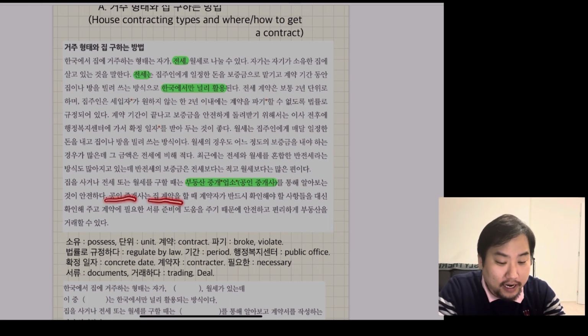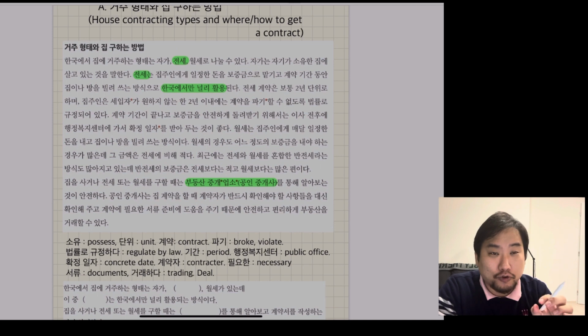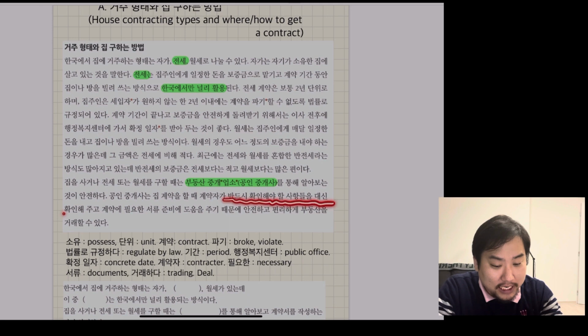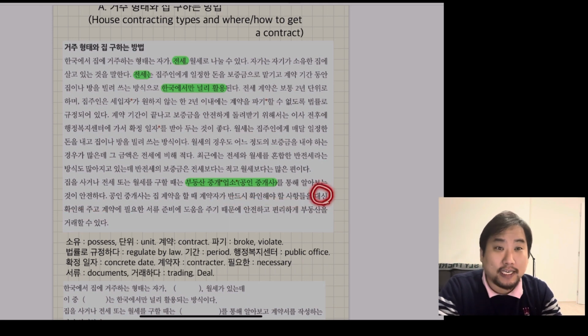공인중개사는 집 계약을 할 때, when they contract the house, 계약자. 계약자 is contractor. 계약자가 반드시 확인해야 할 사항 등을 대신 확인해주고, 대신 is instead.